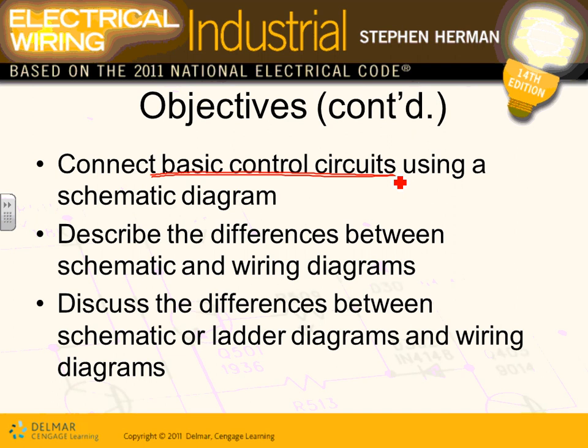So basic control circuit using so-called schematic diagrams. Difference between schematics and wiring diagram. We focus a lot on the wiring diagram here. The schematic diagrams, guys, will show you how the system is going to operate. The way I describe it, the wiring diagram that we use to power this equipment is like the frame. Imagine us.